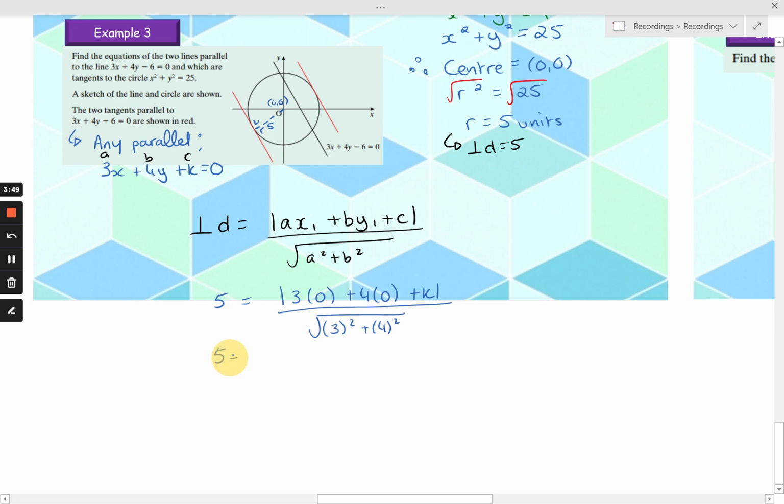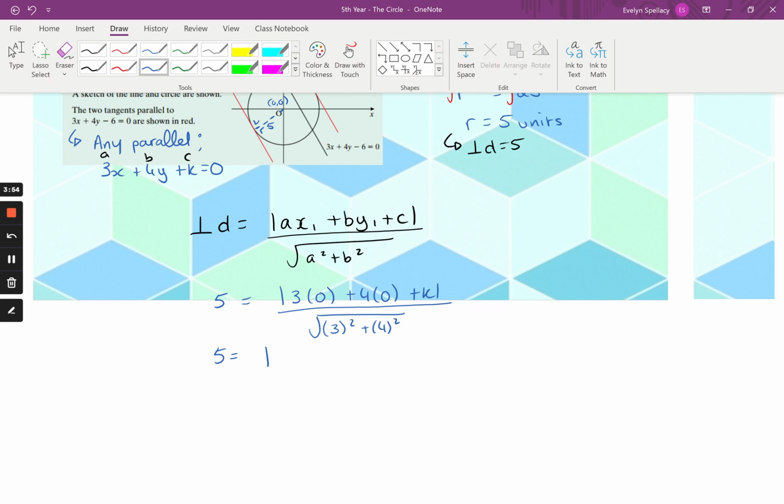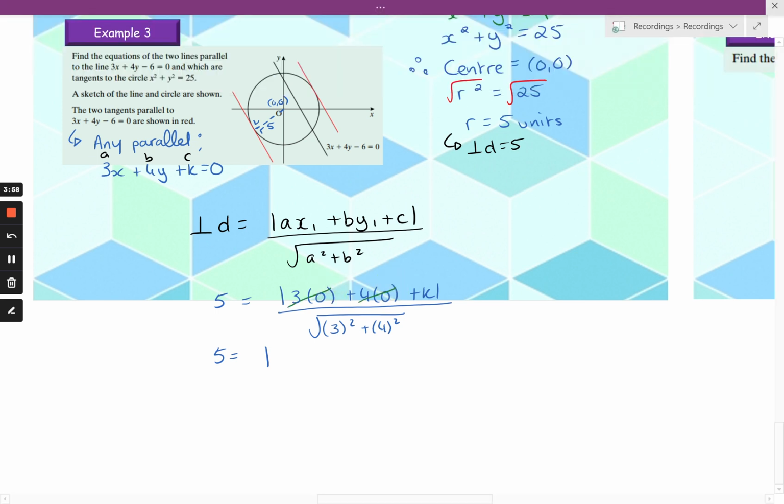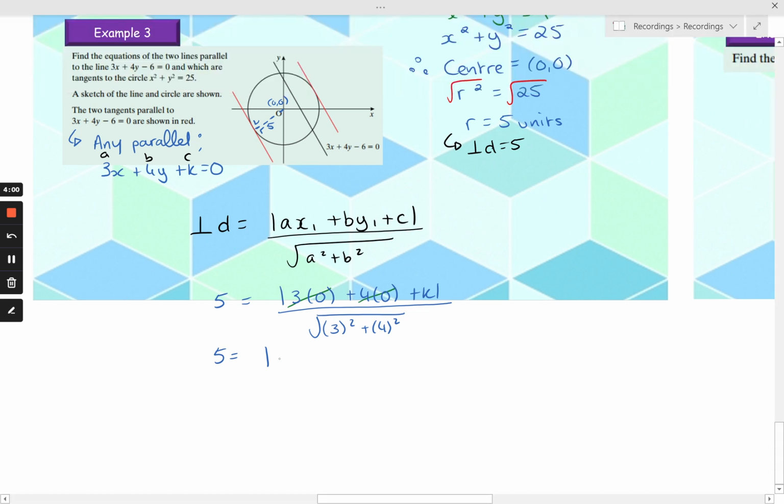So we have 5 is equal to the modulus of, and it's important to remember that 3 by 0 would give me 0 and 4 by 0 would give me 0, because anything multiplied by 0 gives me 0. So we have the modulus of k over the square root of 9 + 16. So we have the modulus of k over the square root of 25, which means we have 5 is equal to the modulus of k over 5.